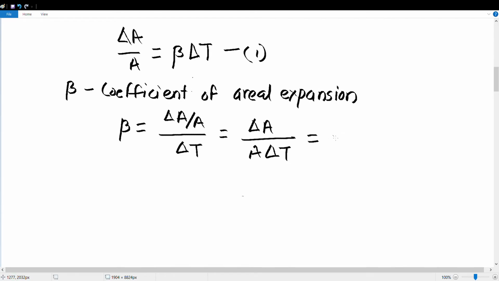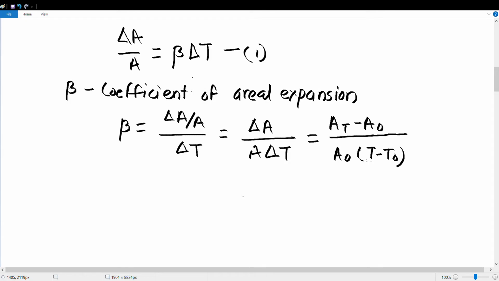What is this del A? That is the change in area at T degree Celsius, and the original area. Suppose A0 is the original area, and the temperature is increased from T0 to T, where T0 is the initial temperature and T is the final temperature.